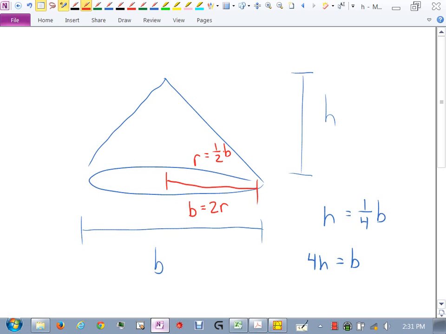But you got to make all the things work out correctly. You're on the right track. Just you got to pay real careful attention. This is the thing you do know. Your base is 4 times your height, right? You know your base is twice your radius. You know your radius is half your base. You know your height is 1/4 of your base. I mean, there's all these different ways you could write it.